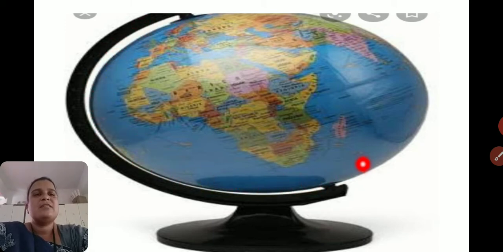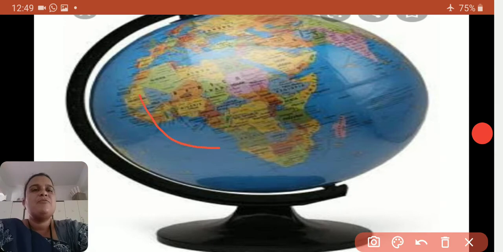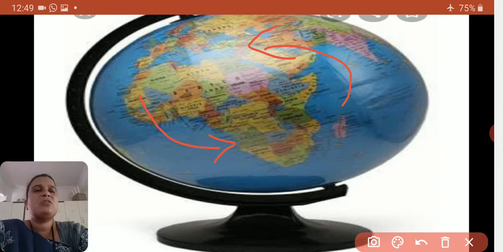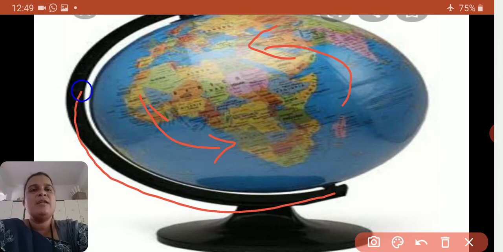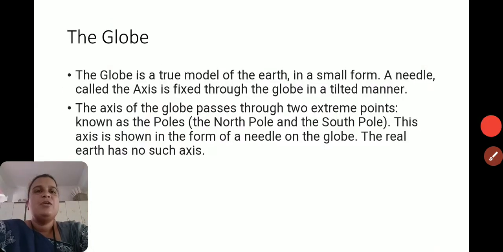Through this axis Earth rotates in the west to east direction. This is west and this is east, so west to east in this manner Earth rotates. This is North Pole and this is South Pole.